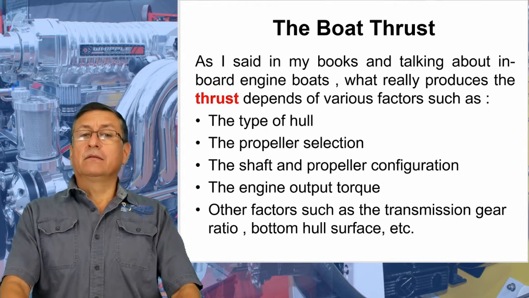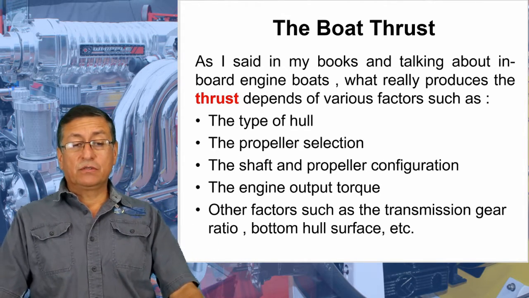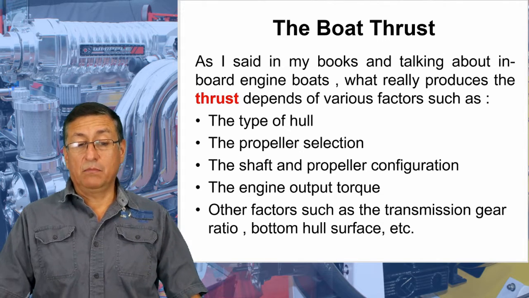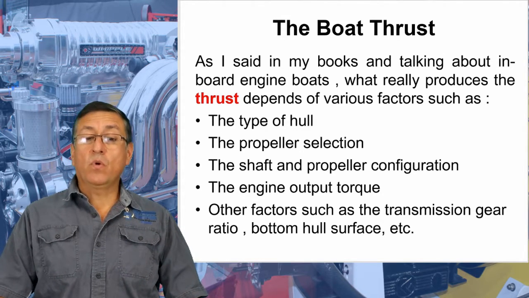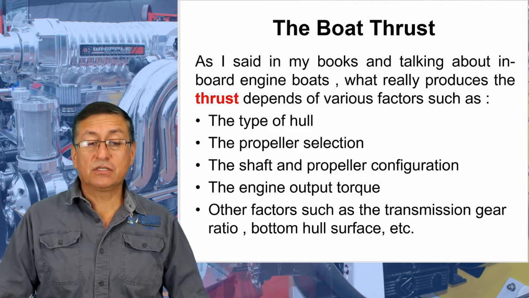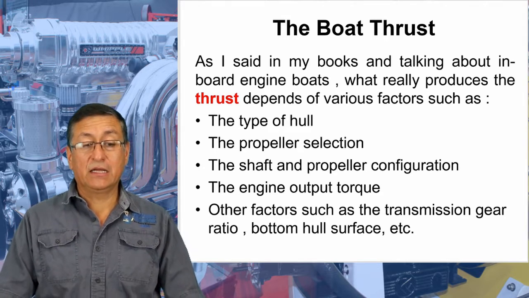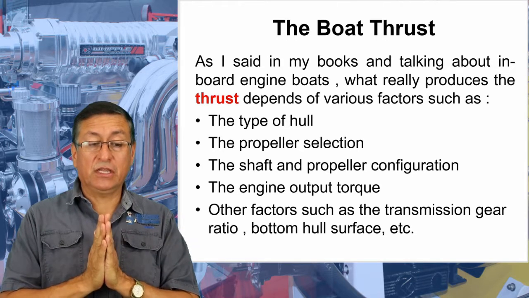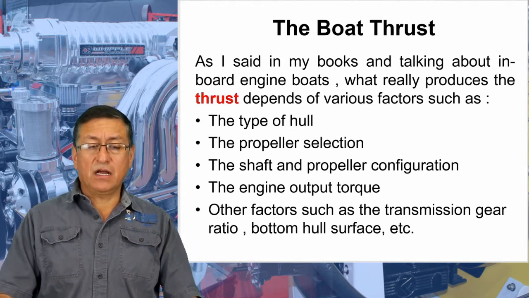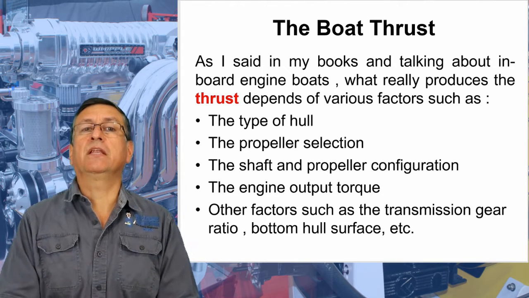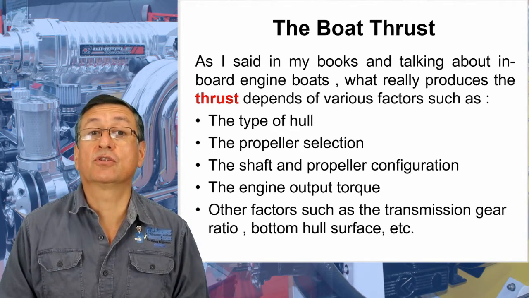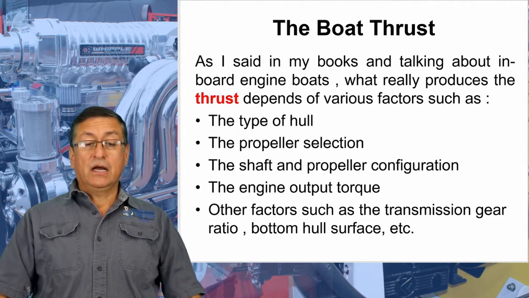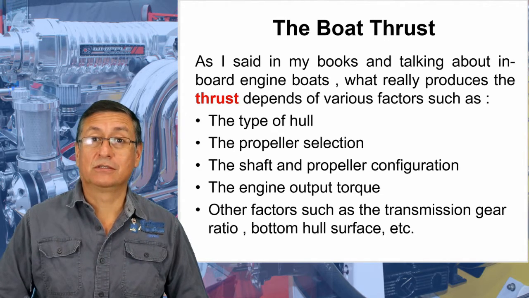Like I explained in my books, for inboard boats, what really produces the thrust depends on factors like the type of hull, the selection of the propeller, which is critical, the shaft and propeller configuration, which I explained in my class of Introduction to Marine Engineering, and the output torque.